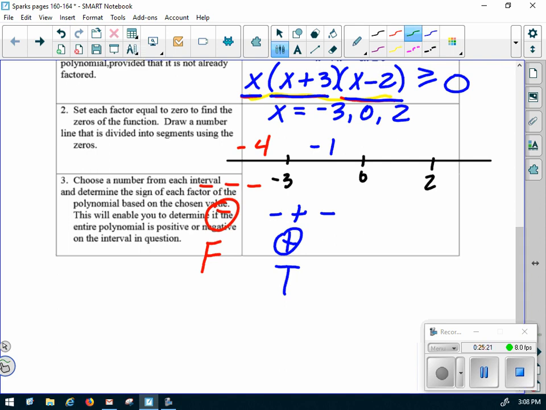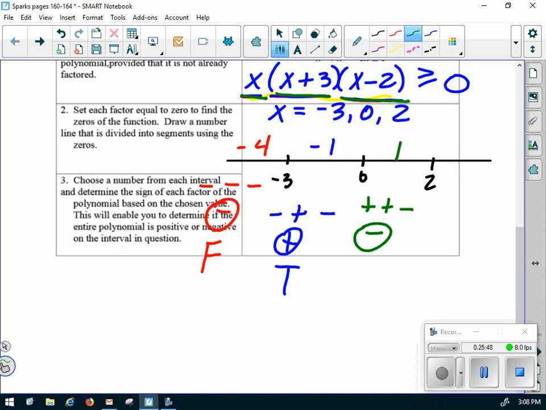What number did you pick between 0 and 2? Somebody's going to pick a half or 2/3 or something. Okay, 1. Positive, positive, negative, positive, positive, negative. What do you get when you multiply that out? Yes or no?